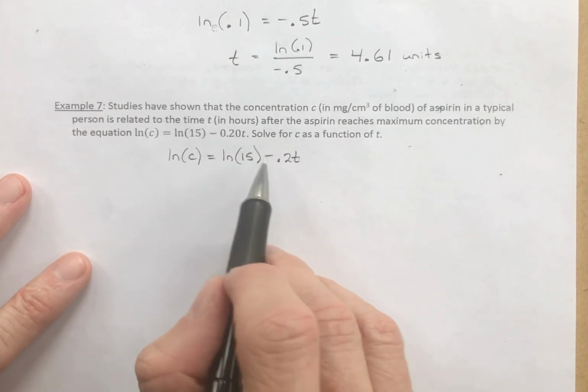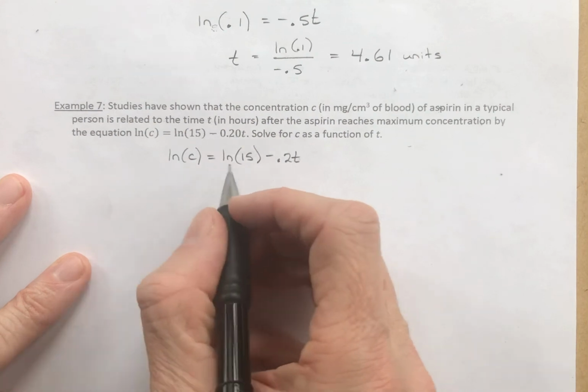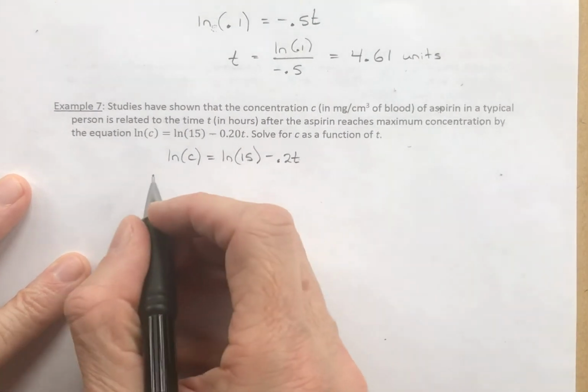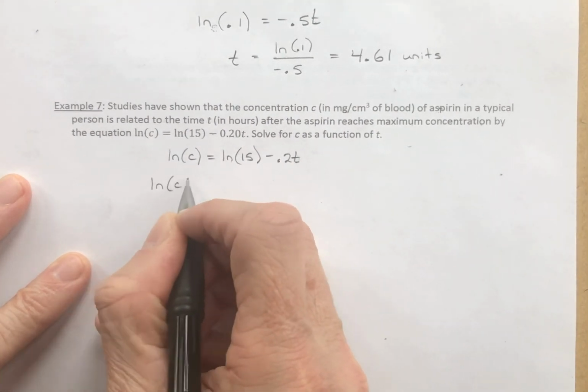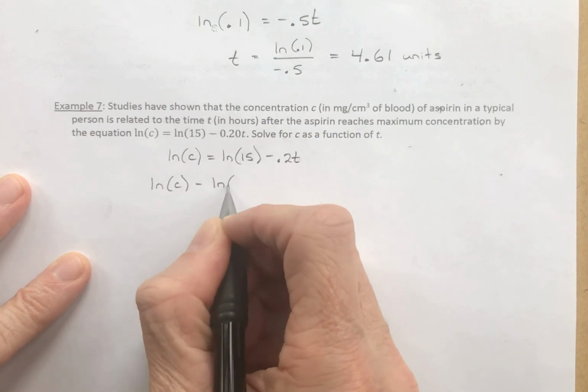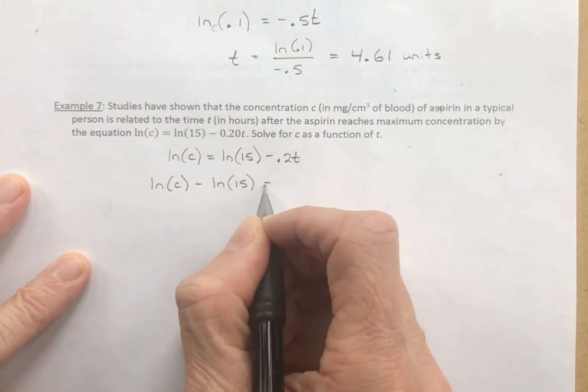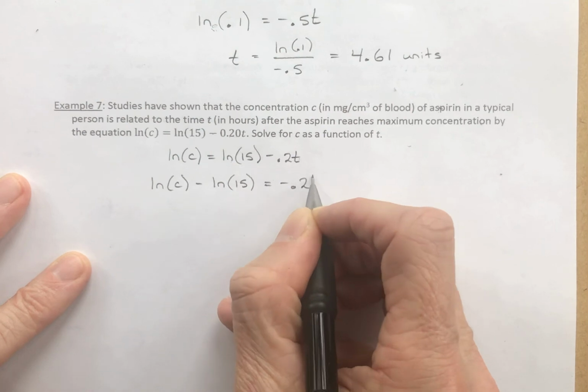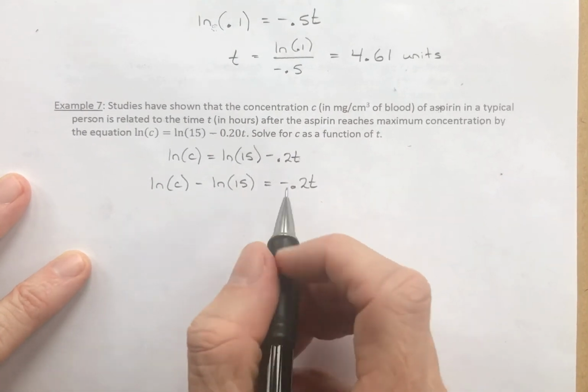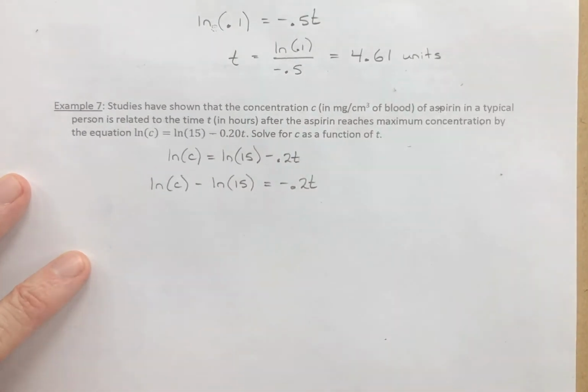Certainly you've got too many natural logs running around here. So I'm going to subtract the natural log of 15 from both sides, and I'm just going to leave it as the natural log of 15. I know it's a number, but if I do it as a decimal, I'll get an approximation. I'd rather have the exact number.